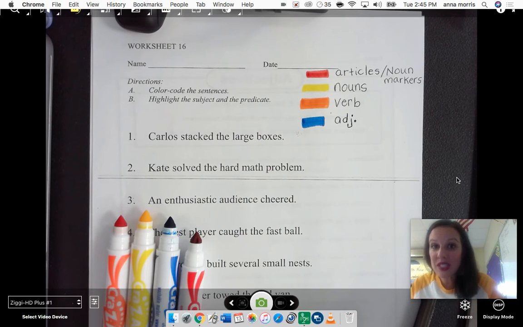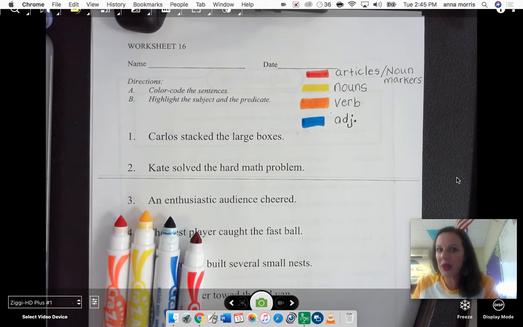Well, nouns sometimes have a flashing light in front of them called a noun marker or an article, okay? These words are a, an, or the, and they're actually considered adjectives. But in multisensory grammar, we call them noun markers, and they alert us that a noun is coming.